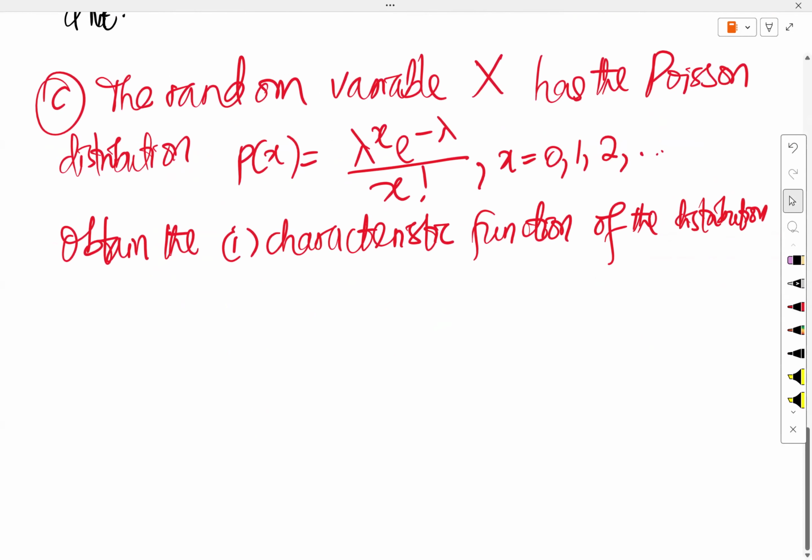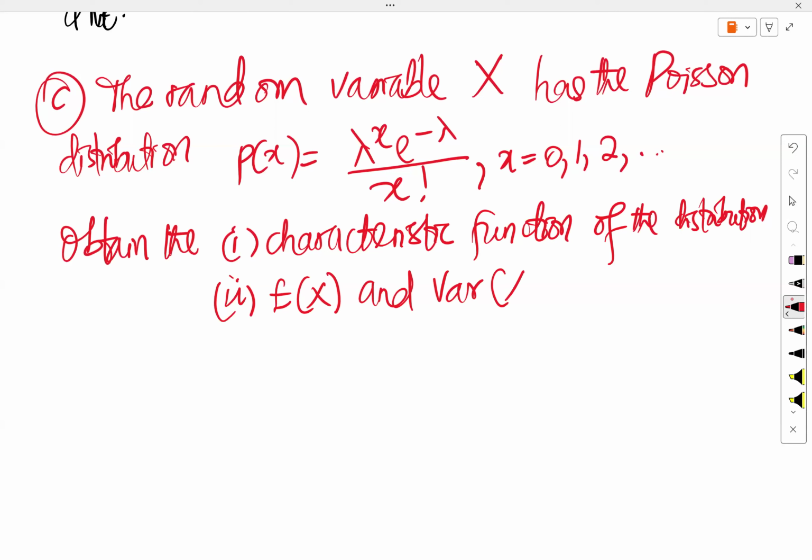Okay, then two, now we need to obtain the expected value of x and the variance of x. That's for the random variable, right? And all of that from the characteristic function.